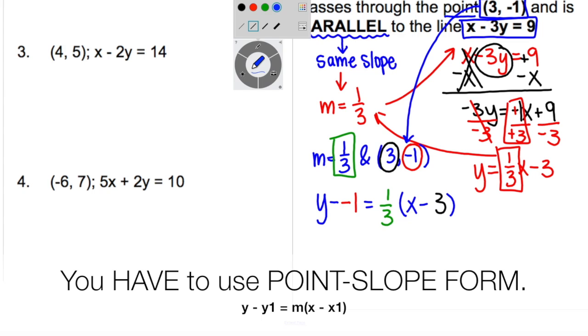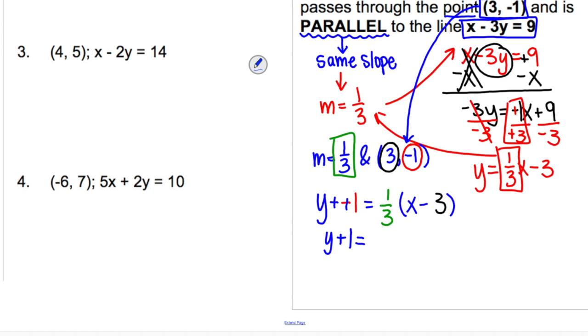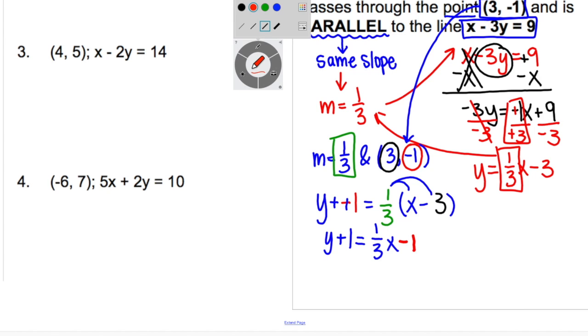The next step, again, is to simplify. Any minus, we're going to simplify first. So the left side is y plus 1. On the right side, we're going to distribute that 1/3. And 1/3 times -3 is -1. We still want our final equation in slope-intercept form, so y equals mx plus b. So we're going to subtract 1 from both sides to isolate the y variable.